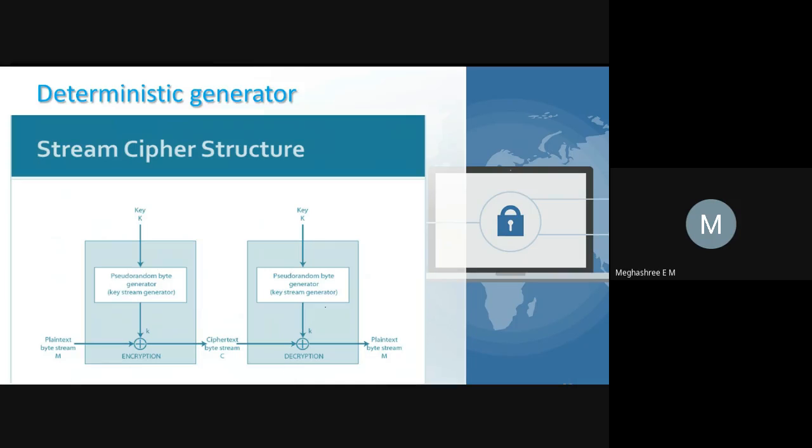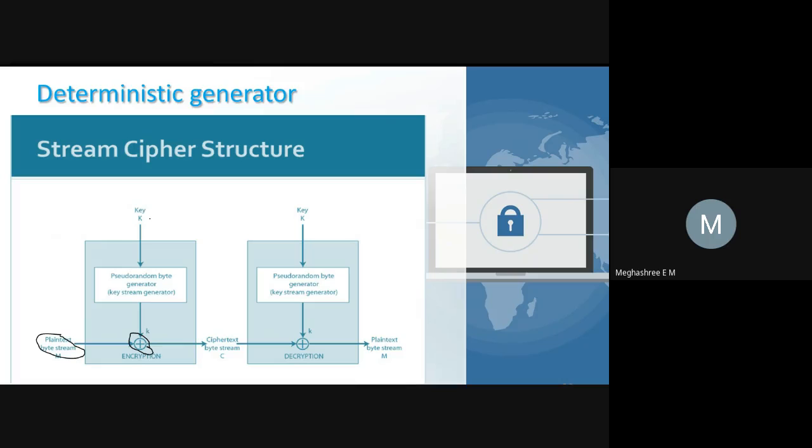Let me consider this example where you have studied the stream cipher algorithm, isn't it? We'll see the actual implementation of this deterministic generator here. This is not in the syllabus, but for better understanding, I have considered this example. You can see here the plain text on which you are performing the encryption process, applying a key.